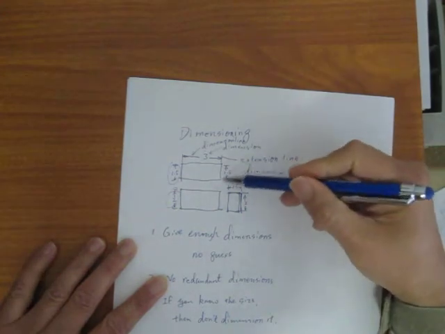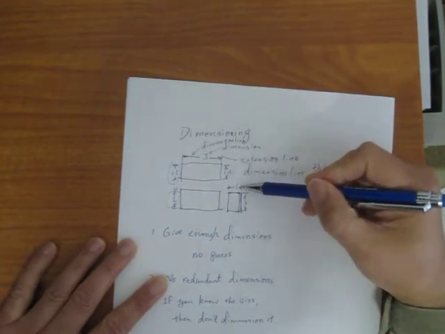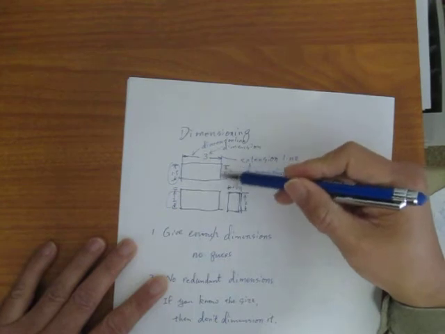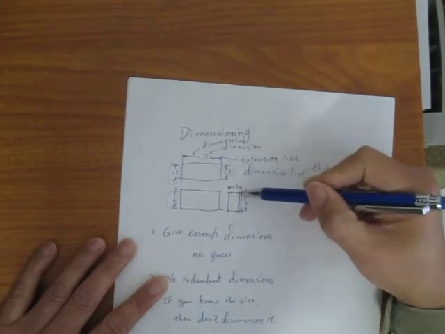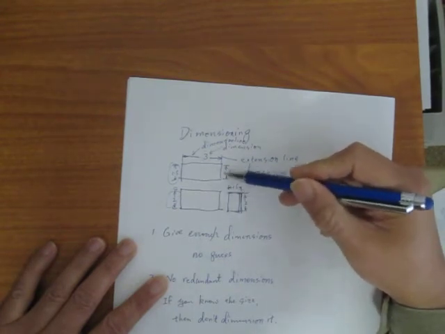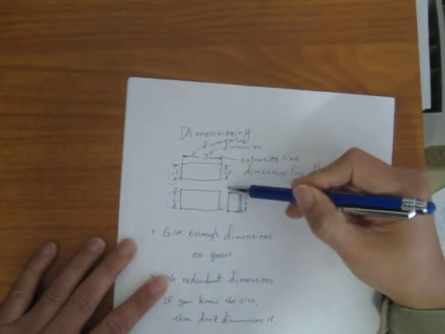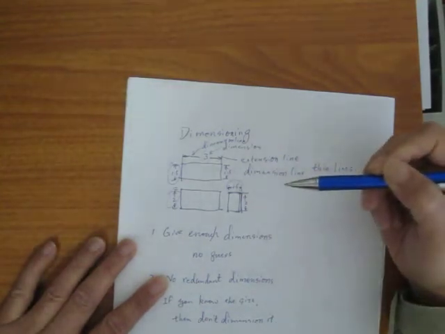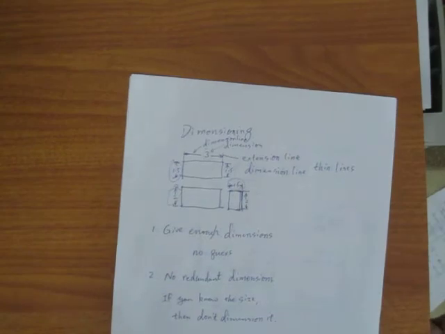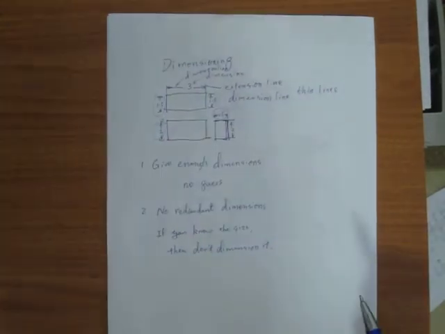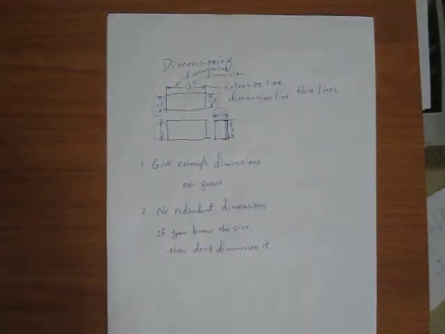This is the depth, and this is also the same depth. Among those two, one of them is redundant. So that's really tricky here. That's why it's so hard to make good dimensions.